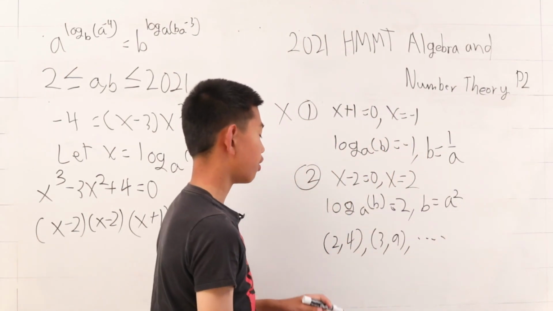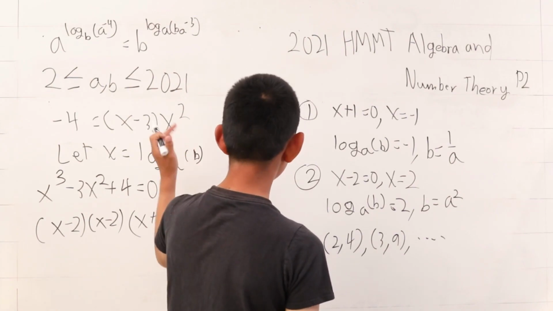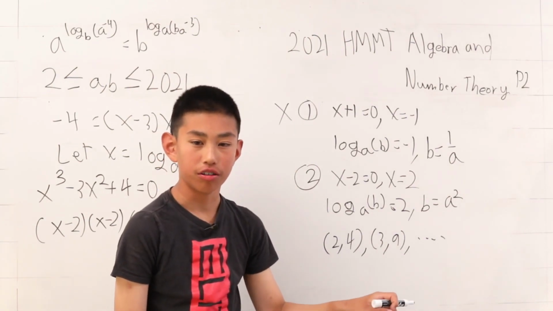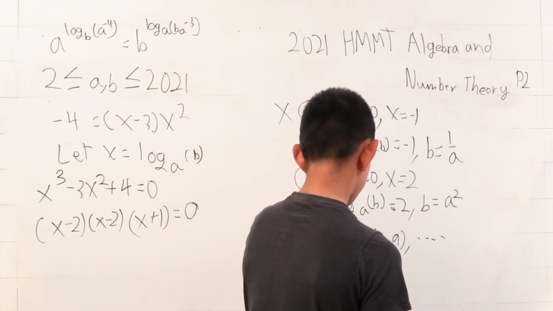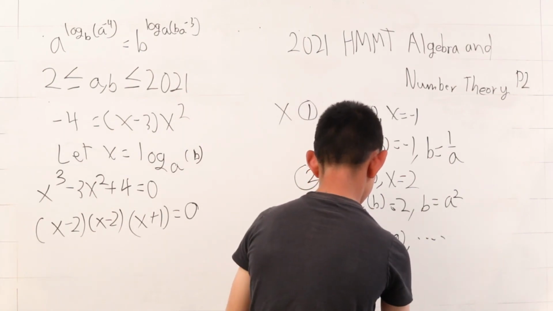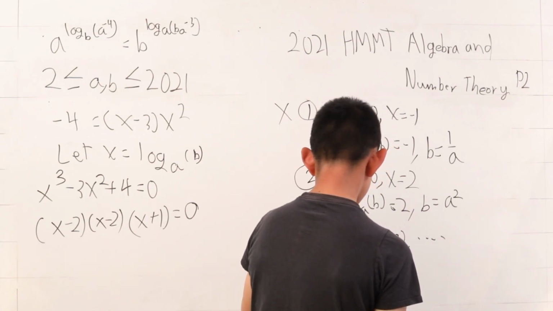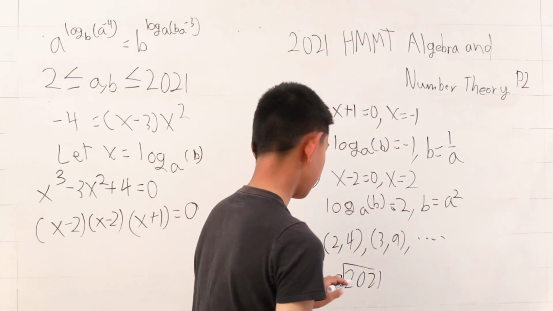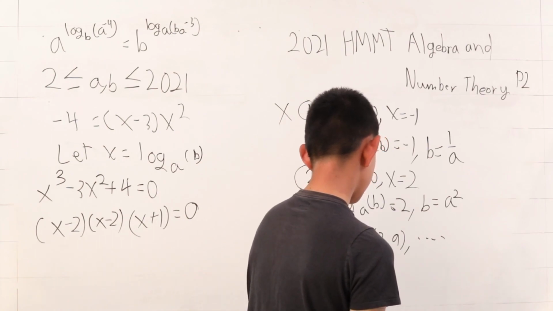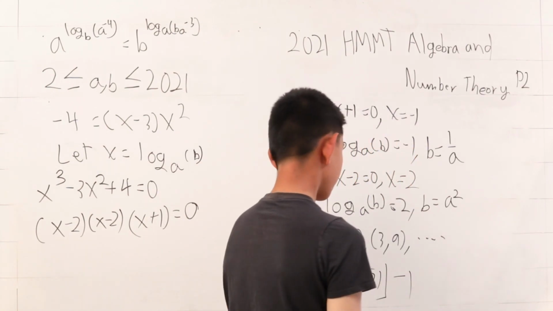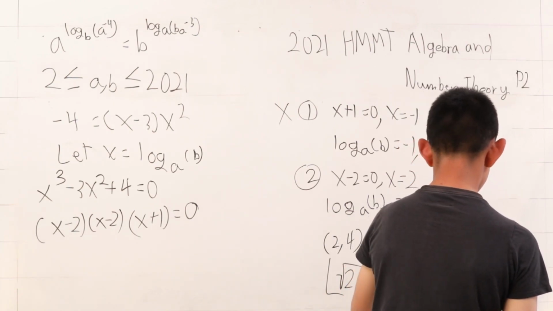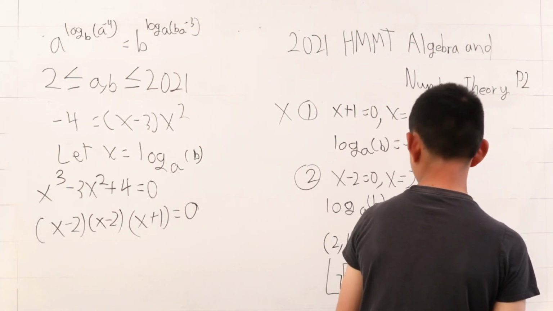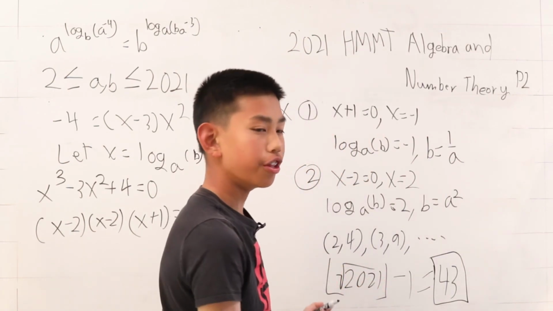What we really need to find is how many of these combinations there are. So we take the floor of the square root of 2021. That's 44 point something. Take the floor of that and subtract 1 from it to get our answer, which is 43. So there are 43 cases in which this works.